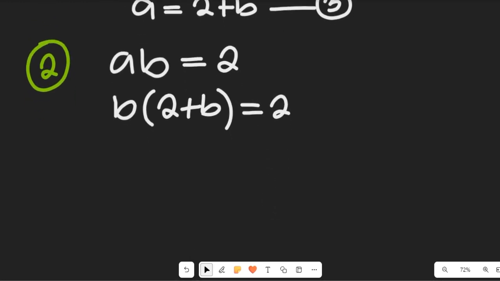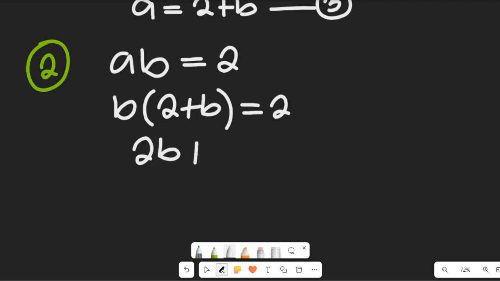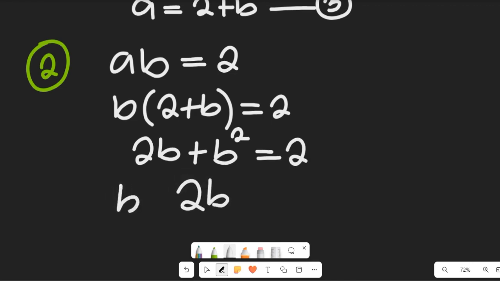Now if we simplify that, that will simply give me 2B plus B squared, and that will be equal to 2. If we rearrange this, you'll find out that this is similar to a quadratic equation, because this will be B squared plus 2B, then minus 2, and this will be equal to 0.